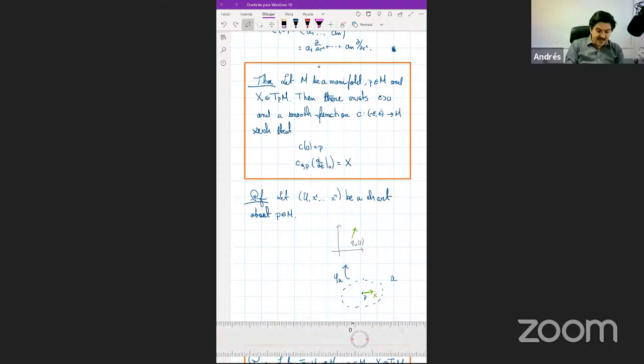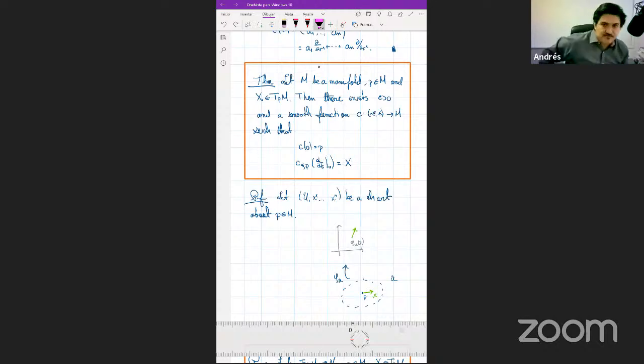I'm not going to prove this, just sketch a proof, a drawing of it, because you're given this vector, then pick a chart, any chart, and here you have the function, right?